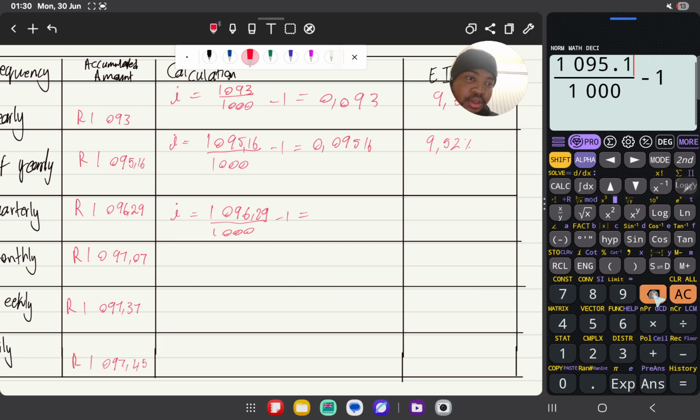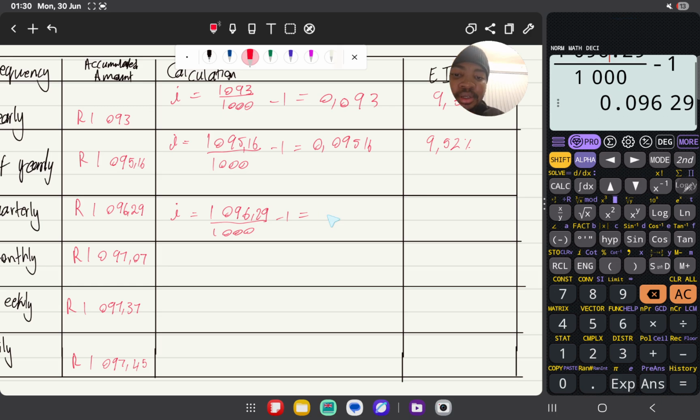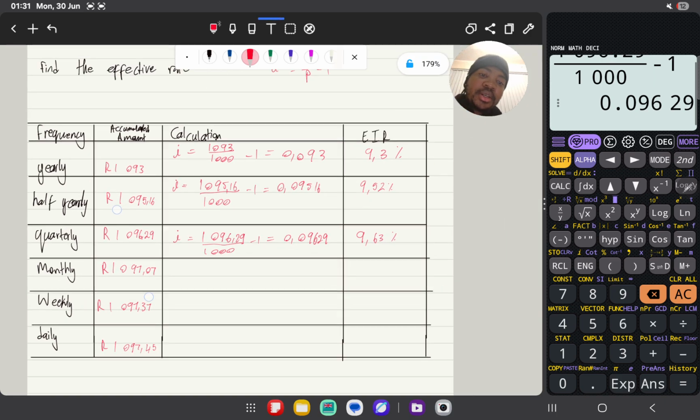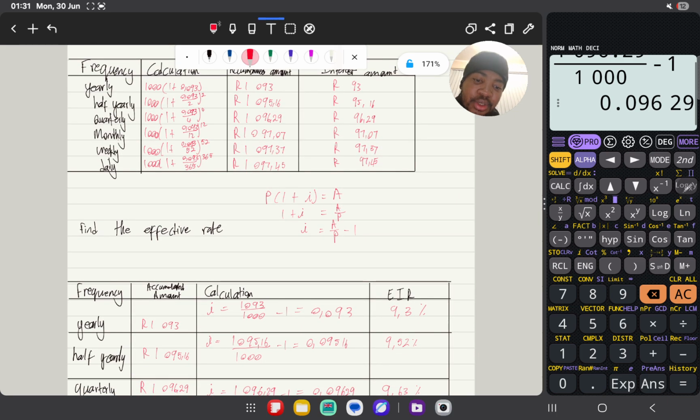We have 0.09629, which is exactly 9.63%.